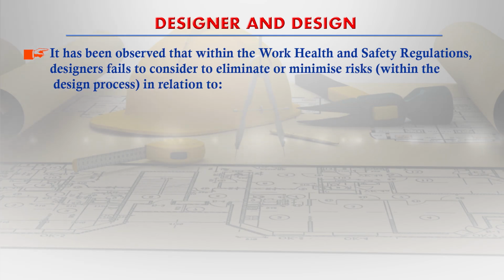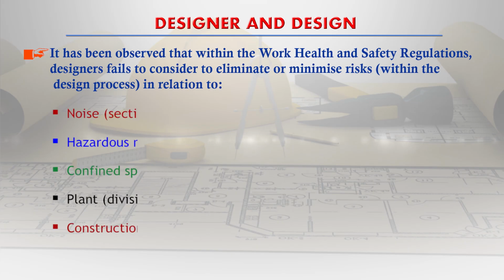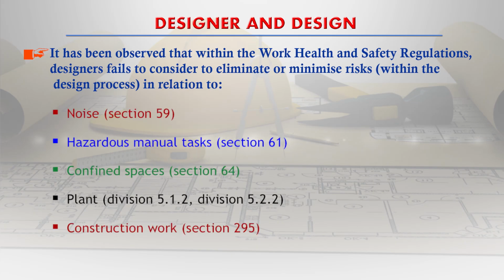It has been observed that within the work health and safety regulations, designers fail to consider eliminating or minimizing risk within the design process in relation to noise, covered under section 59 of the Factory Act, hazardous manual tasks, confined space covered under section 64 of the Factory Act, and plant under the two divisions, that is, normally we call division 5.1.2 and division 5.2.2. Construction work is under section 295.